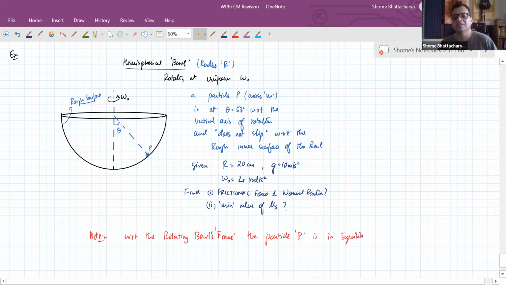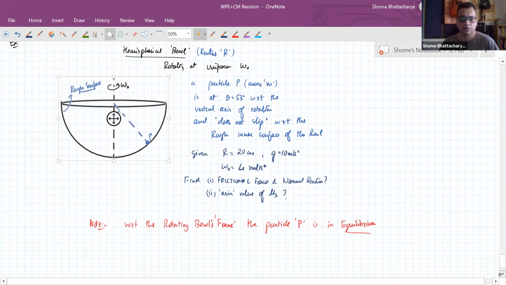So the moment we understand this, it becomes very easy to solve because we have to just balance the forces. But of course, to execute this correctly, we have to also be able to apply the centrifugal force concept correctly. So let's see how that works out.